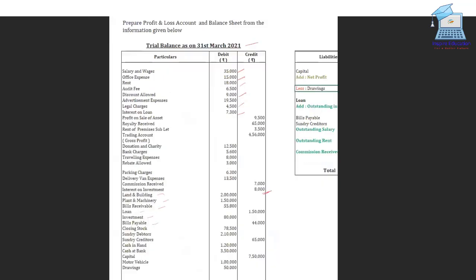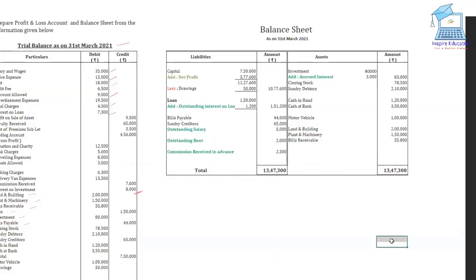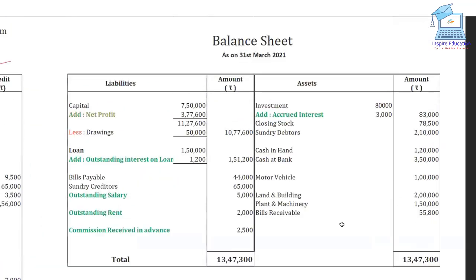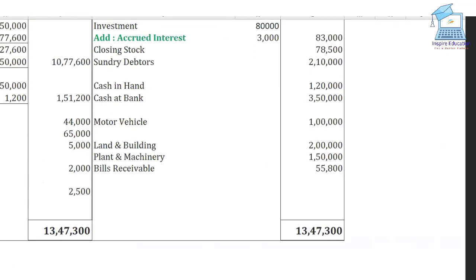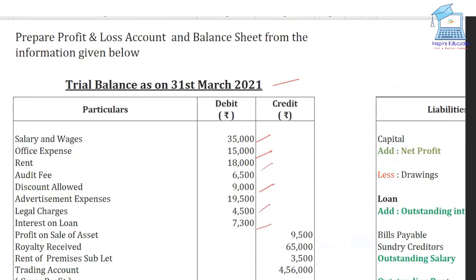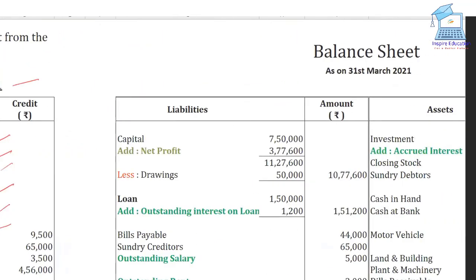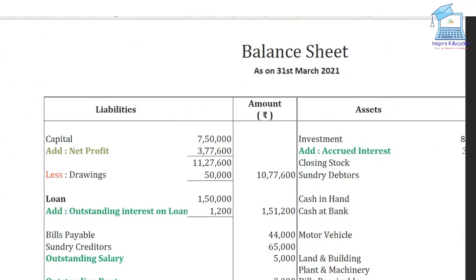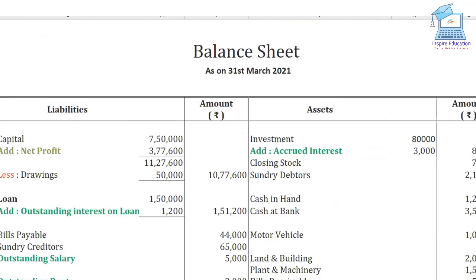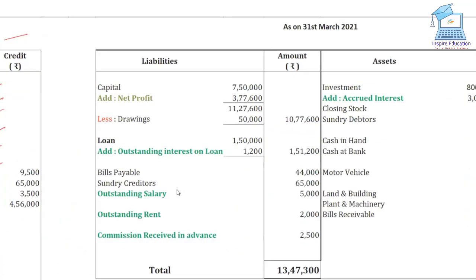See, here is the balance sheet. So this is the balance sheet.